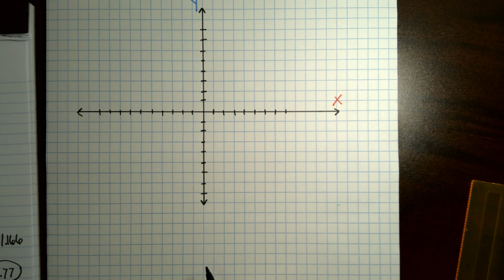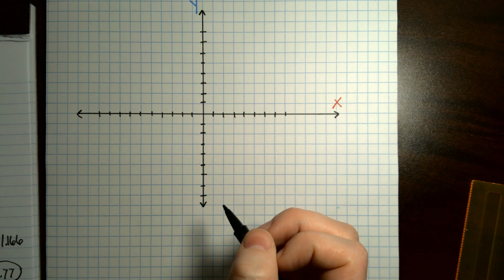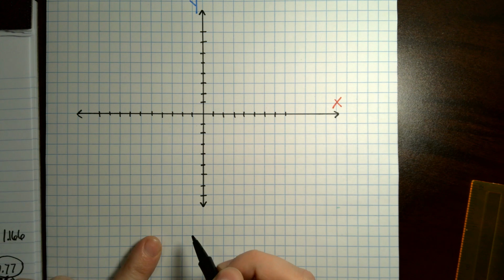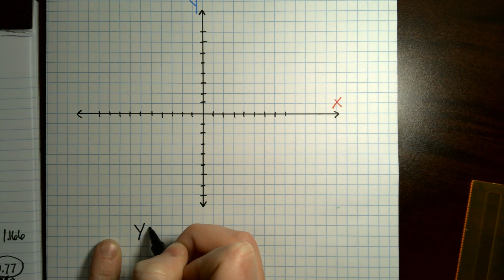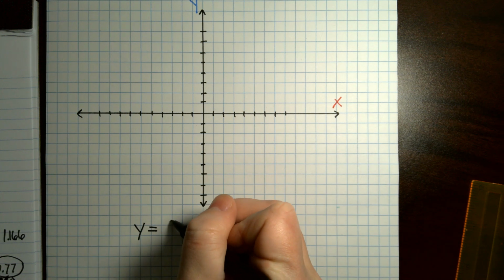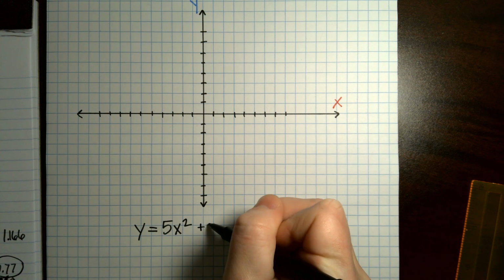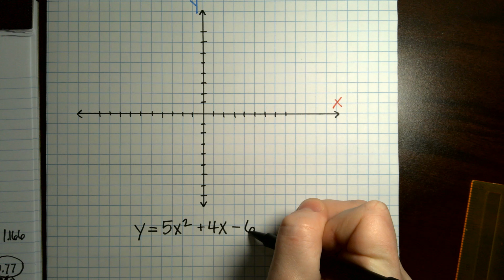And then under my graph, I'm going to rewrite the equation we just solved. But instead of making it equal to 0, we're going to write it a little differently. This time I'm going to write y equals 5x squared plus 4x minus 6.